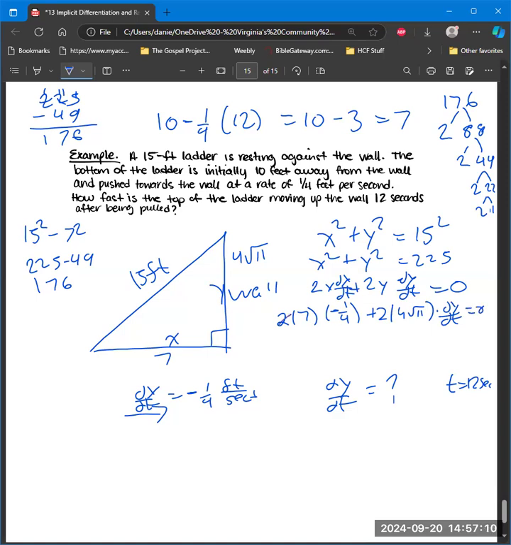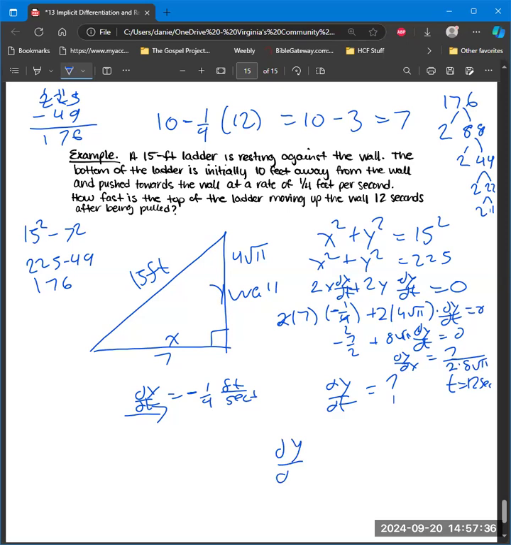So this is -7/2 plus 8 root 11 dy/dt is equal to 0. dy/dt is going to be 7/2, and then 8 root 11 comes down here.